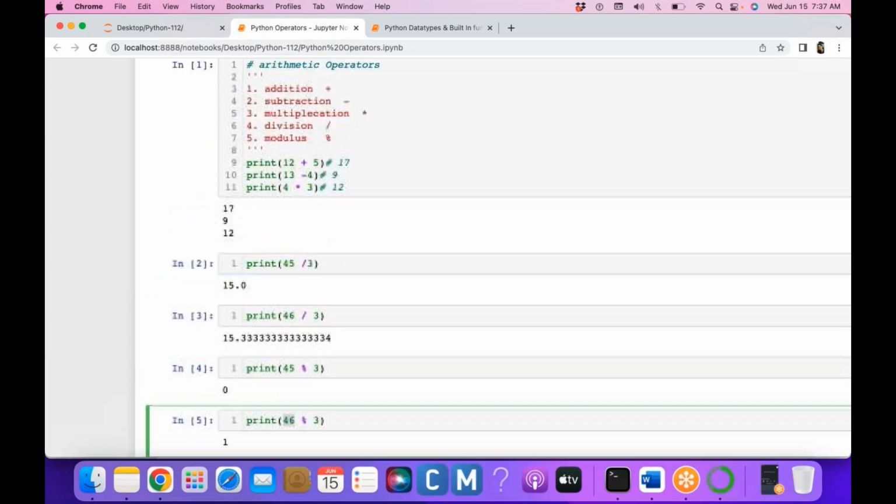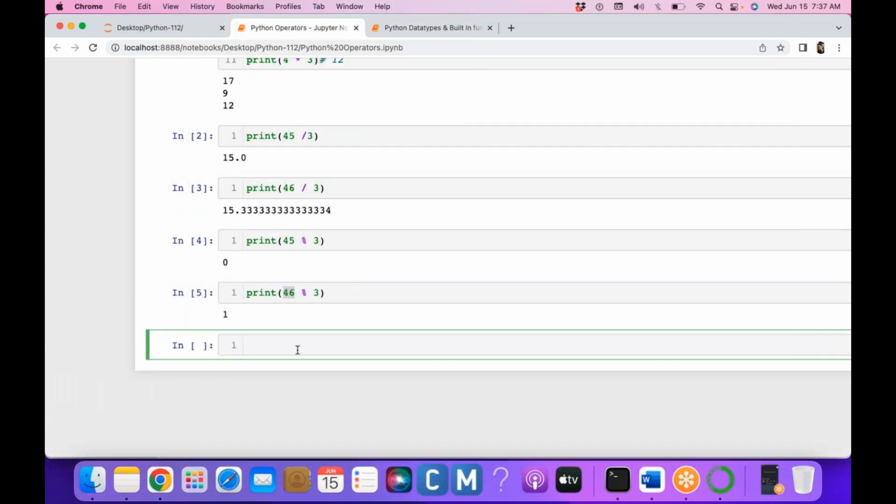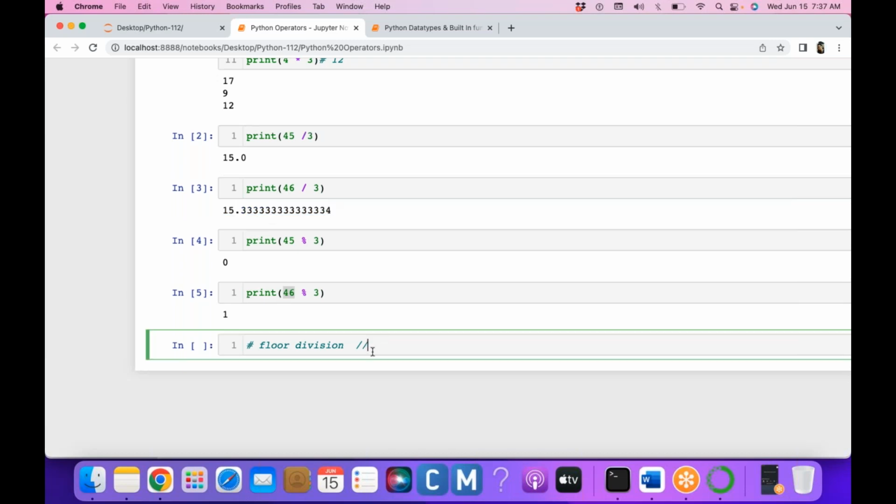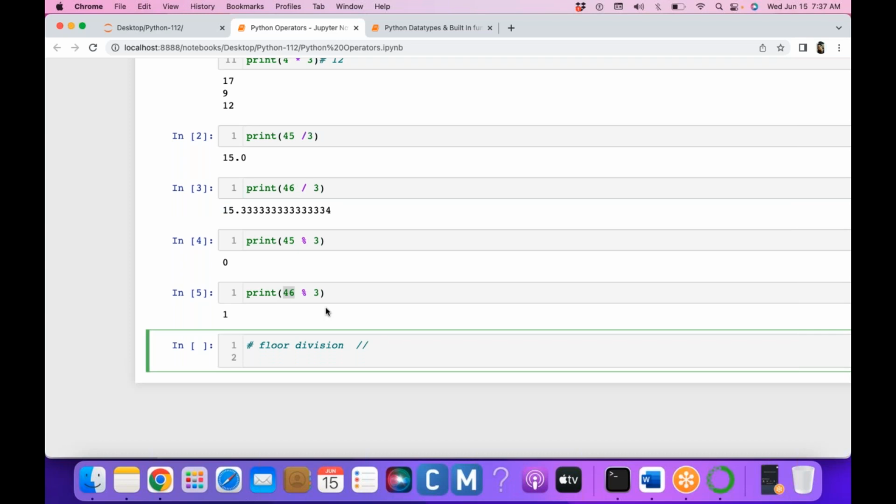Apart from these 5 arithmetic operators, we have 2 more operators. One is also a division operation, but it's the floor division. Floor division means that when there are digits after the decimal point, like 3333, the result is not a rounded number; you get the number to the left of the point.